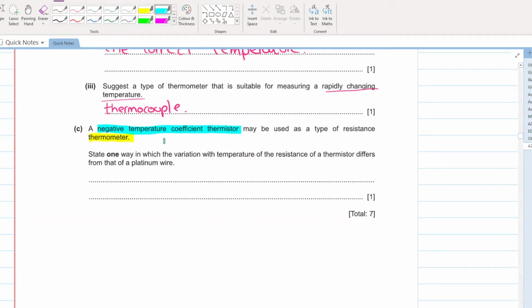This negative temperature coefficient basically means that as temperature increases, the resistance of the thermistor will decrease.